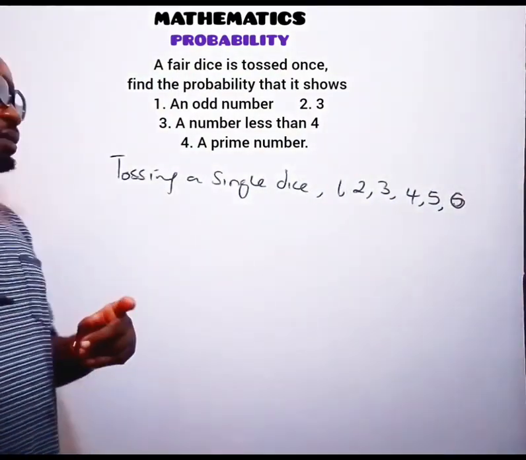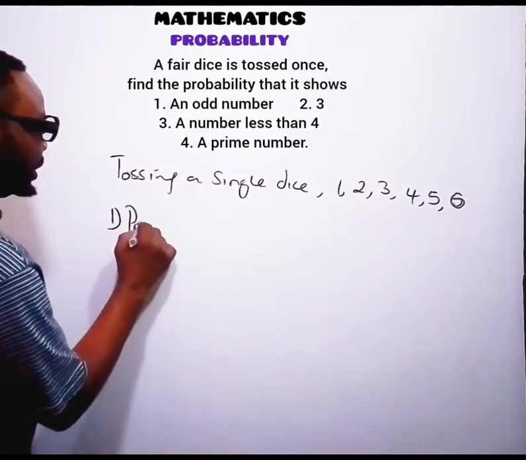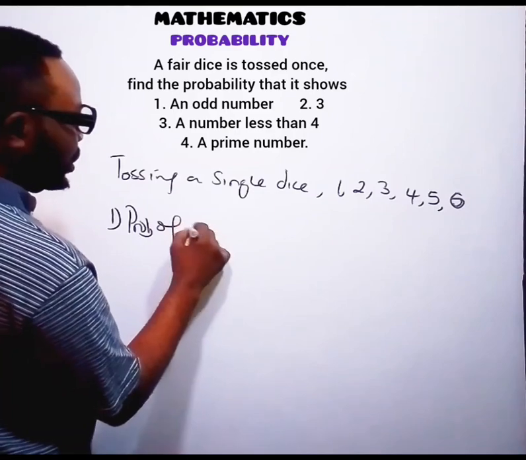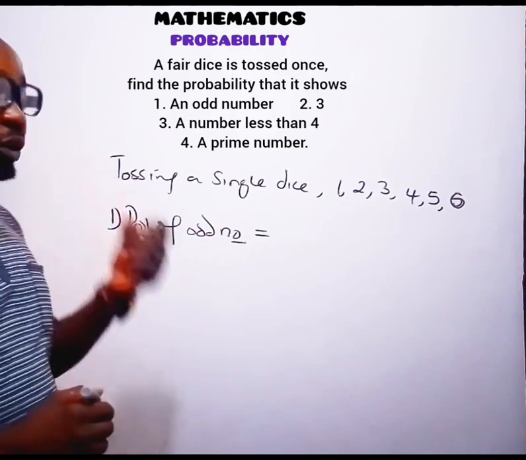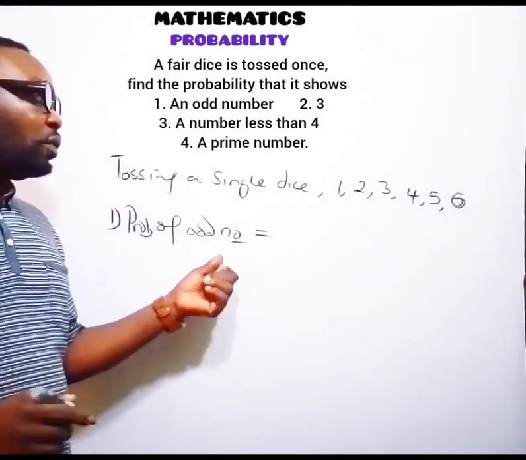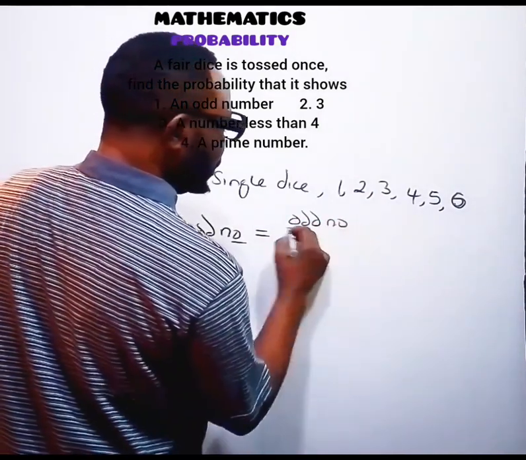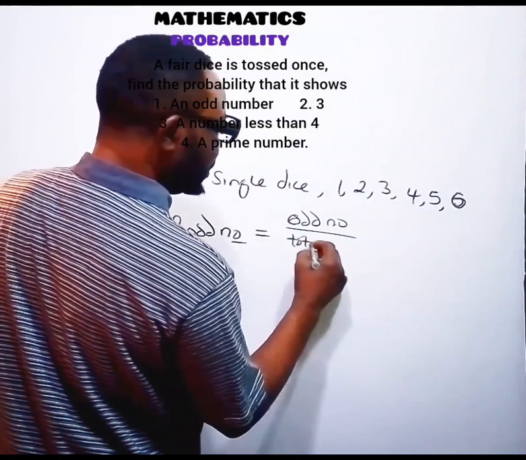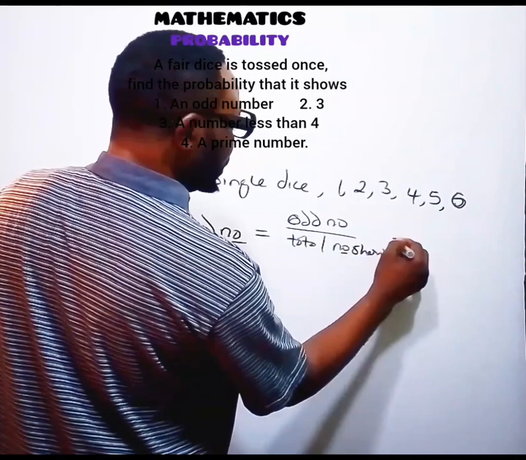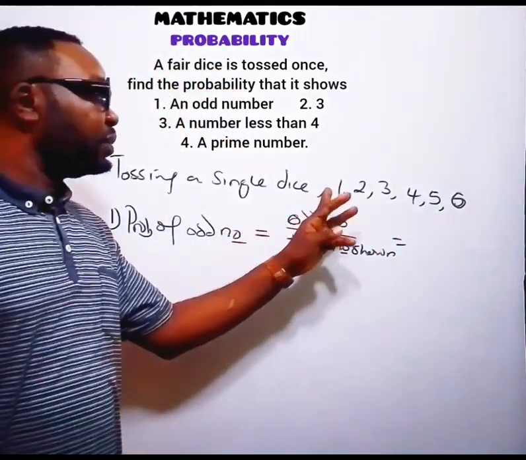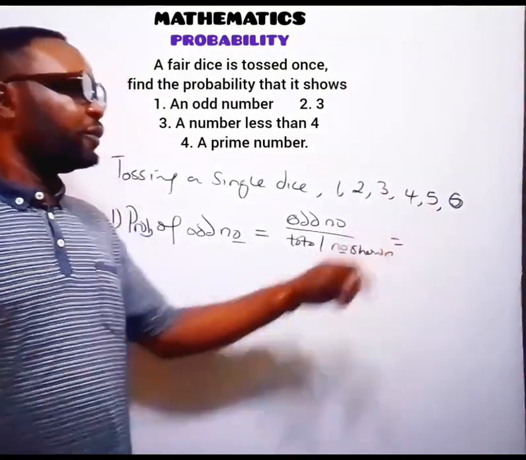Now, if a single dice is tossed, the first question is the probability of an odd number. The probability of getting an odd number is the number of odd numbers over the total number of outcomes.